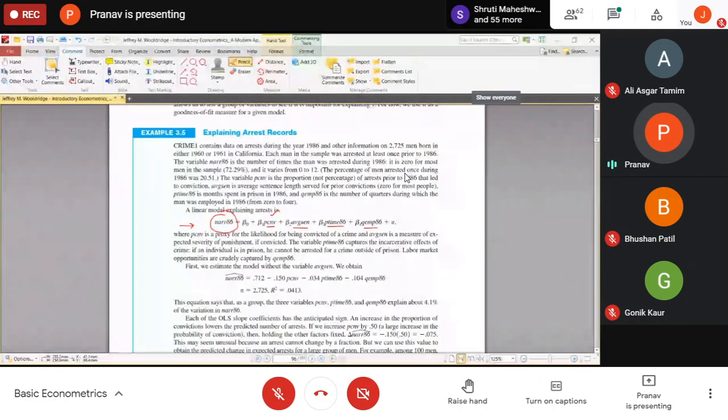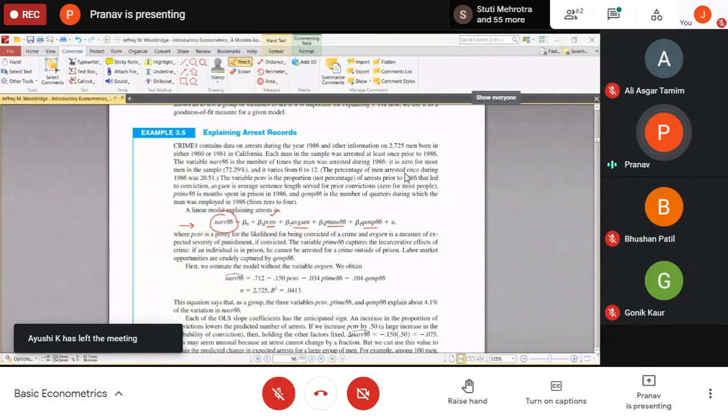If he's a repeated offender, that is, he has been convicted and arrested for prior felonies that he has committed, the impact of imprisonment on the person, whether that actually is successful, that is, if the person undergoes a severe punishment, does he again fall back to indulge in criminal activities or not? This is why this average sentence as an independent variable has been included, which is also called the recidivism rate.